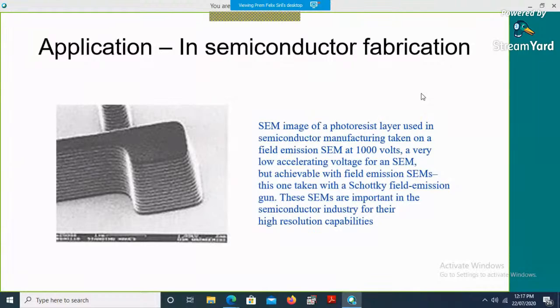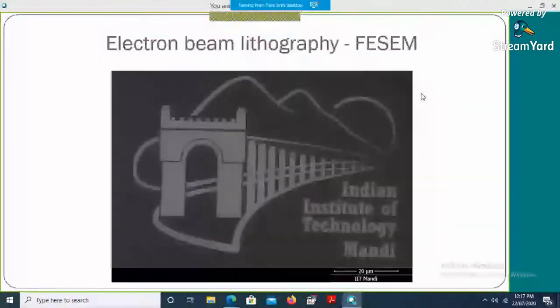Apart from imaging and analyzing materials, scanning electron microscopes can also be used for patterning, even for fabrication. This particular pattern is made by using an electron beam, so it is called electron beam lithography.